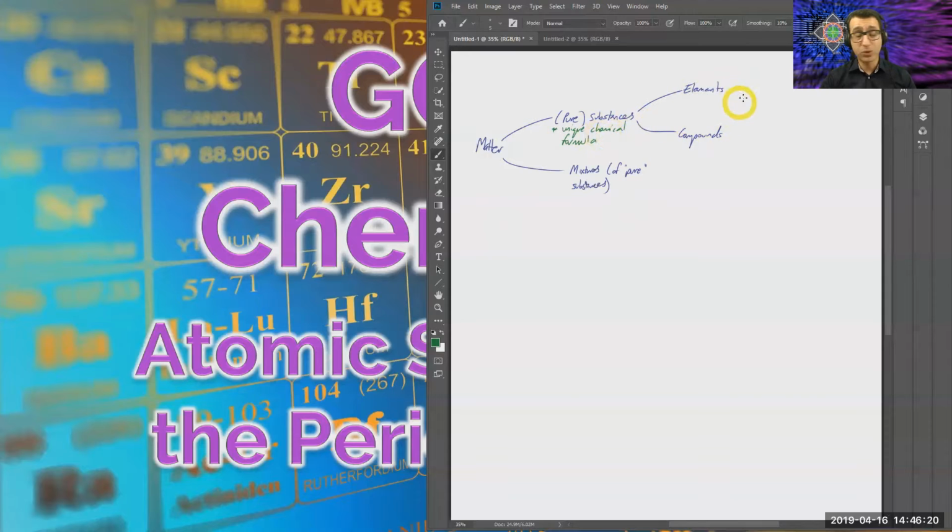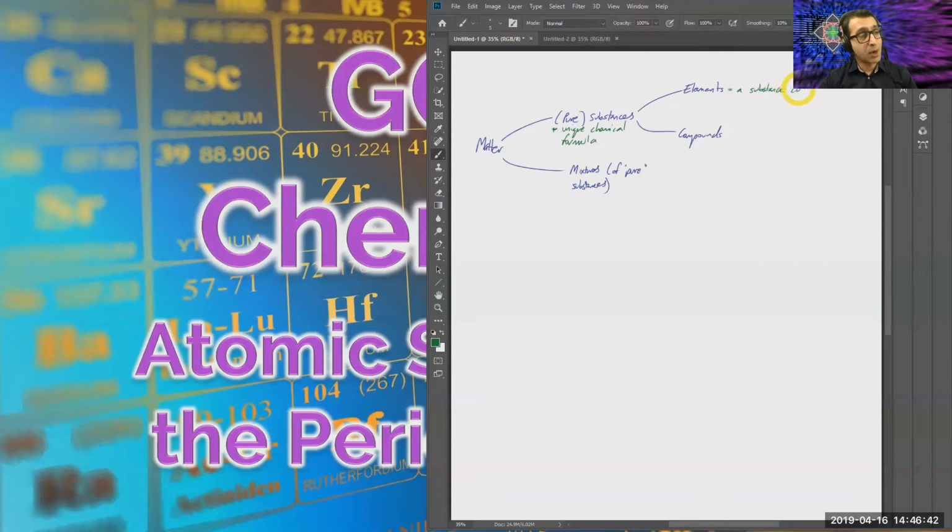Now, I've used a very important key term there, atoms. The term atom is what we're going to get into in a moment, but as we'll see, the term element is defined in terms of the word atoms. So an element is usually defined in GCSE terms, at least, as a pure substance. I'm just going to use the word substance here because the word substance is very specific here.